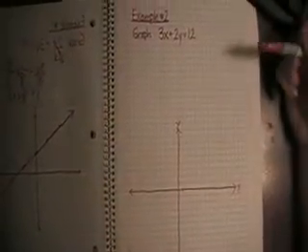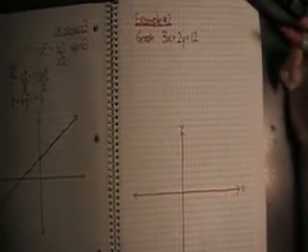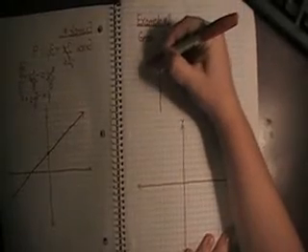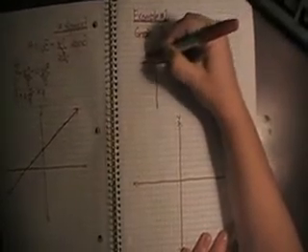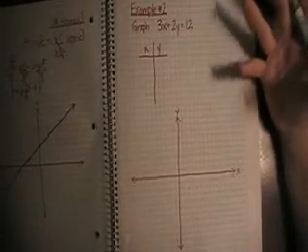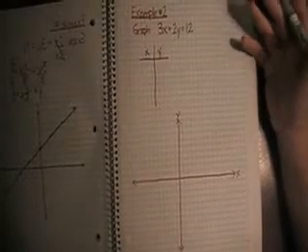You could also graph an equation in standard form by just finding any 2 points on the line. Okay, so I could create a table of values, of x and y values. I would typically select integers, numbers that are going to be easy to put into my equation.